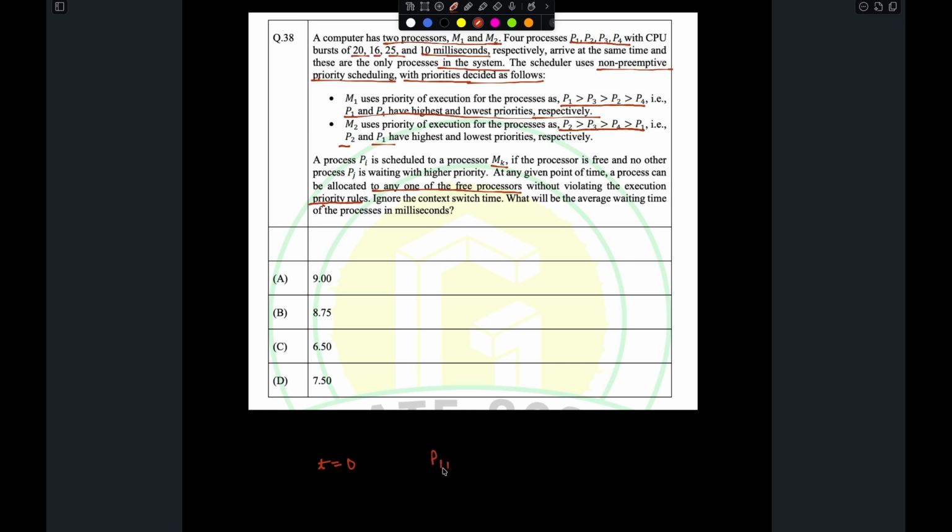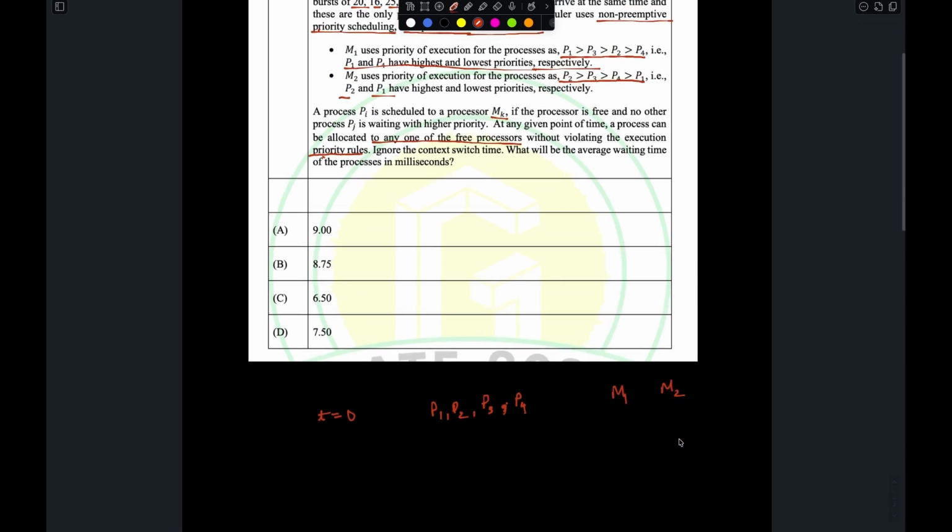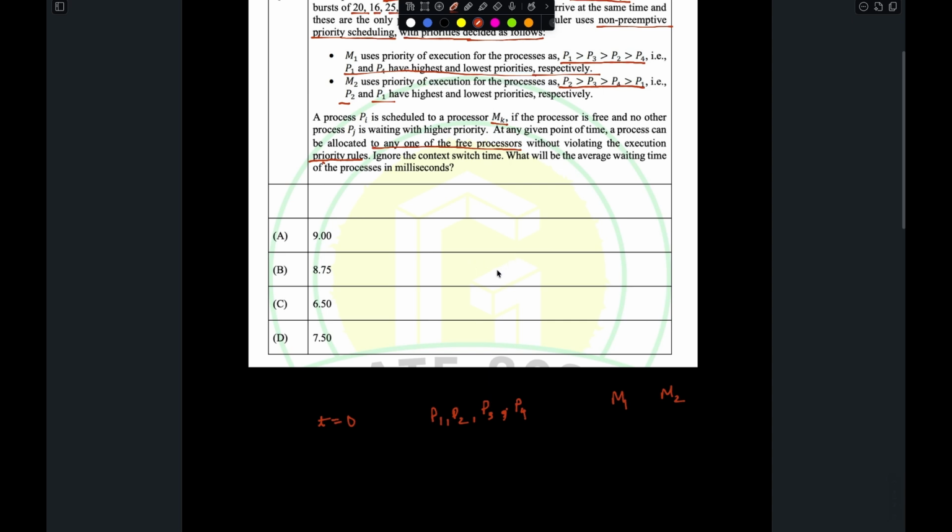So given that at t equals 0, processes P1, P2, P3 and P4 arrive in the system. And now we have CPU1 and CPU2, or better said, M1 and M2 processors.